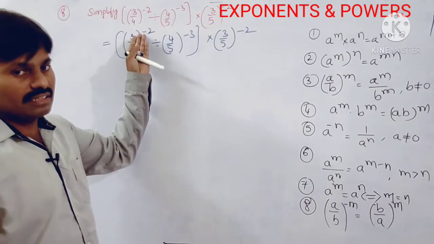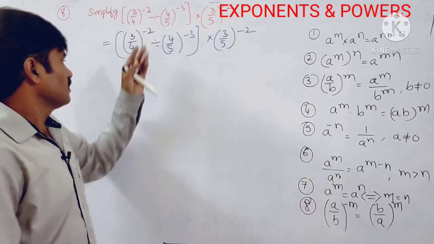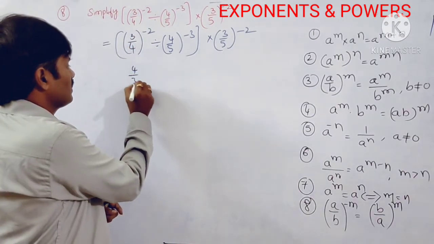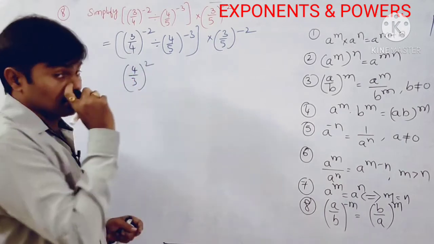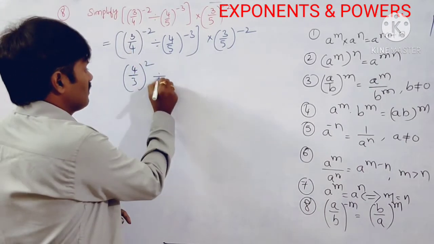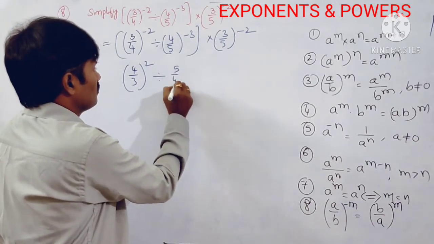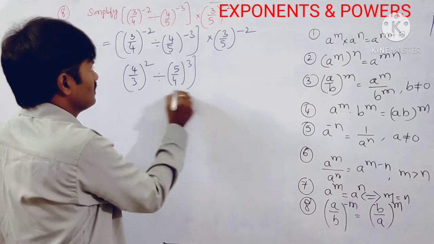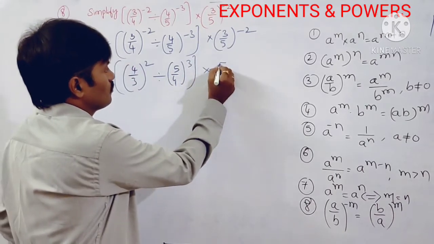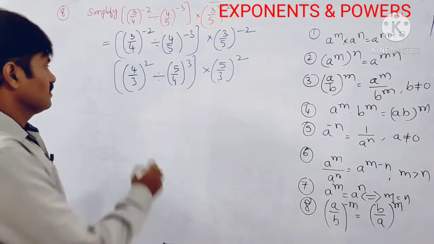The base is 3 by 4, so I write the reciprocal, 4 by 3, to the power 2, and we can remove the minus sign. Divided by, keep as it is, (5 by 4) whole to the power of plus 3 into (5 by 3) whole to the power of plus 2. Is it clear?